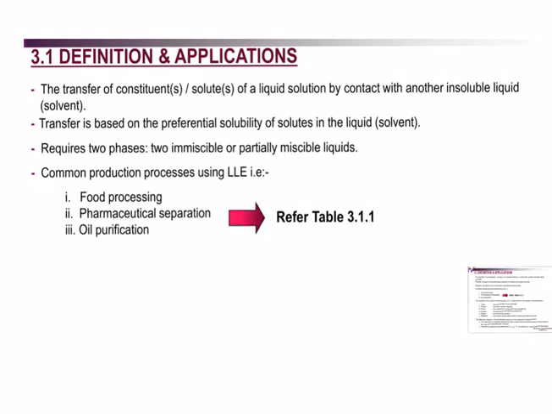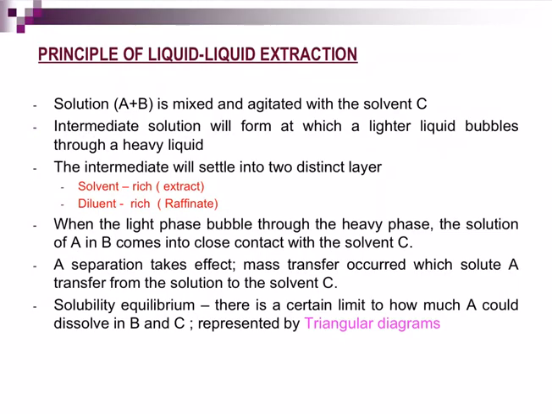The two phases must be immiscible to each other, or maybe partially miscible. These liquid extractions normally are involved in food processing, pharmaceutical separation, and oil purification. These are the principles of liquid extraction.